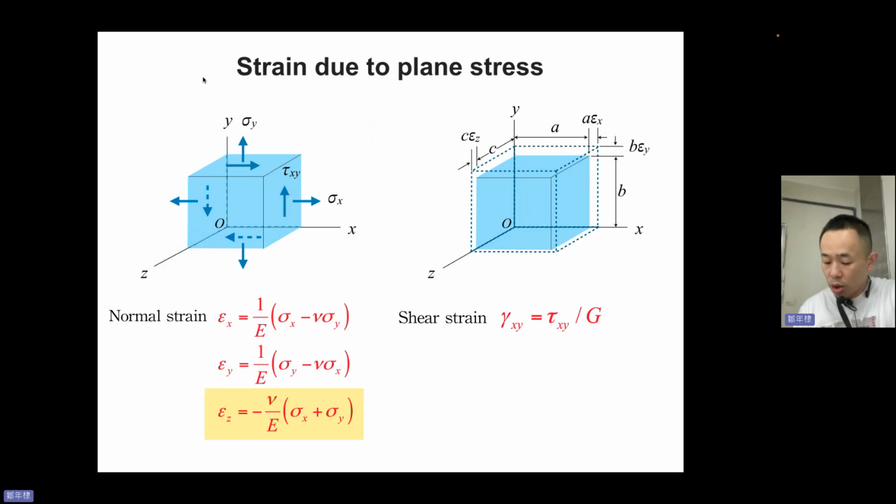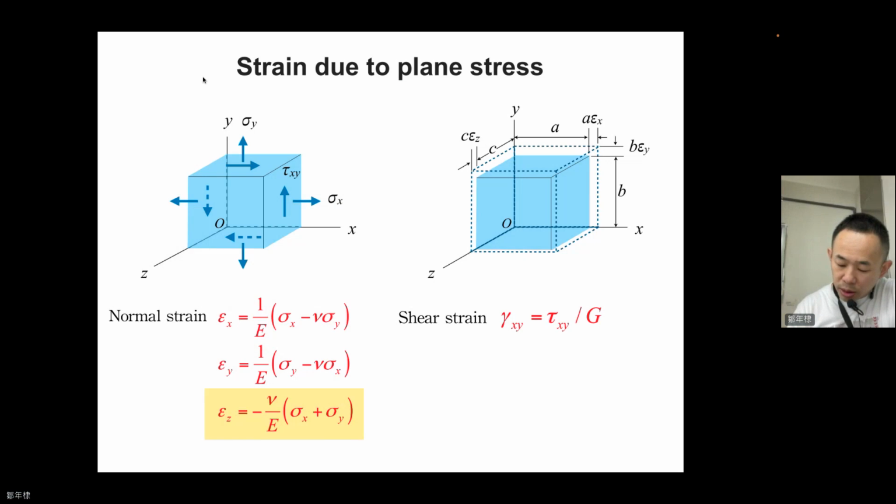The z direction only has the Poisson ratio from x and y. So you see this is sigma x nu divided by E, and sigma y nu divided by E. That's it. So this is a little bit different from the others.